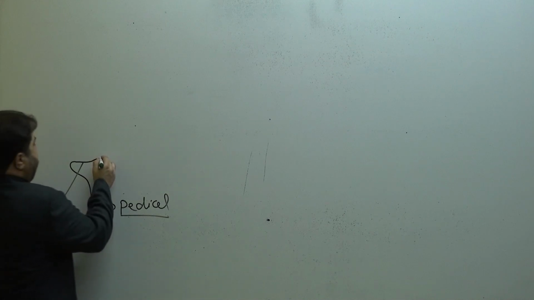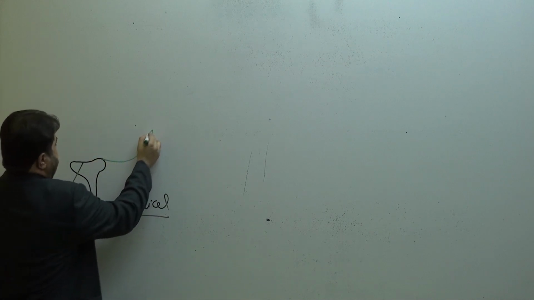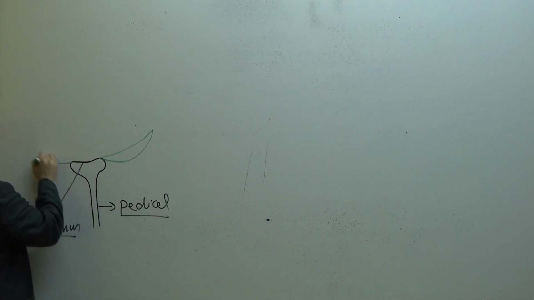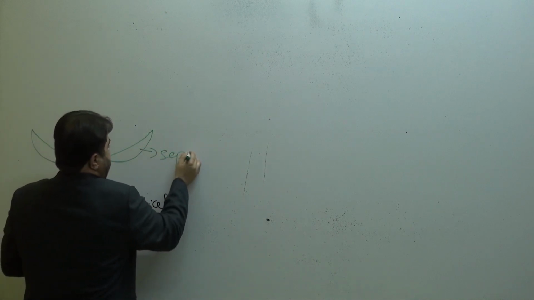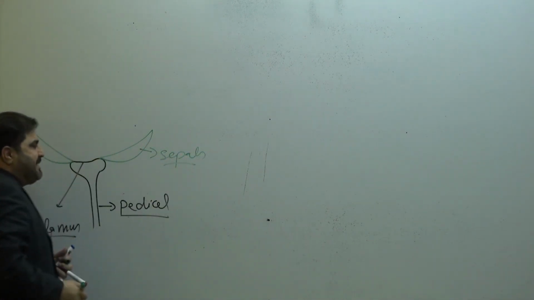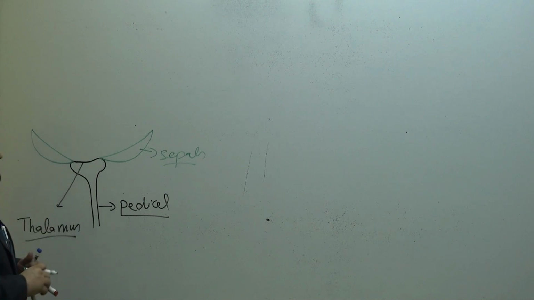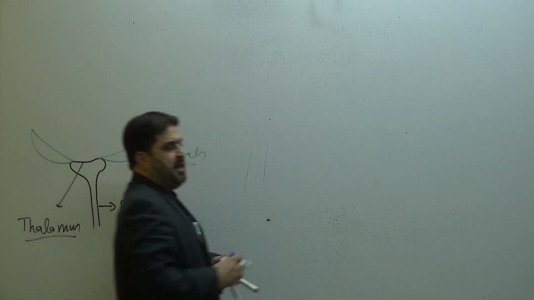The first whorl is called the sepal. Initially, this sepal is green. It gives protection to the young bud.